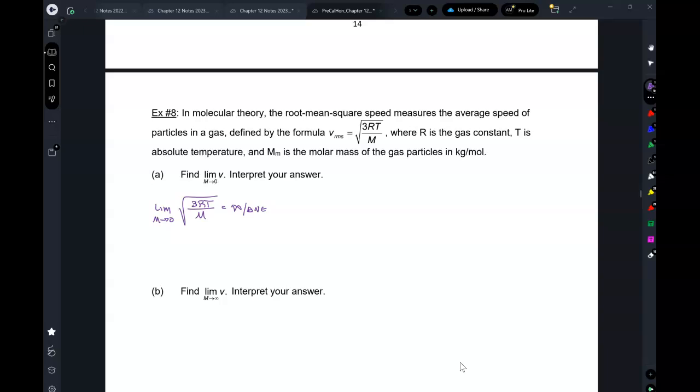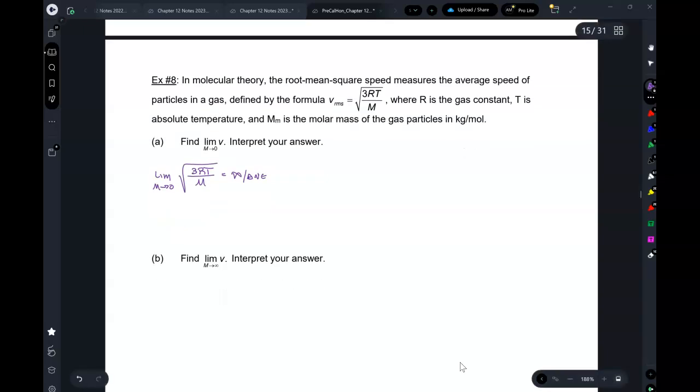So now interpret your answer. So what is happening here? So m is the mass, right? So as the mass of the particle approaches 0, so as the mass of the particle becomes infinitely small, the velocity will become infinitely large. Now, if you've taken chemistry, this will make sense to you. If you haven't taken chemistry, it's okay. You have to use the math to interpret the situation, right?